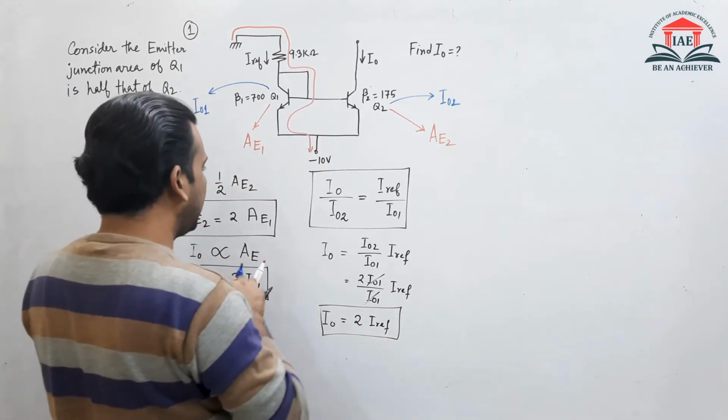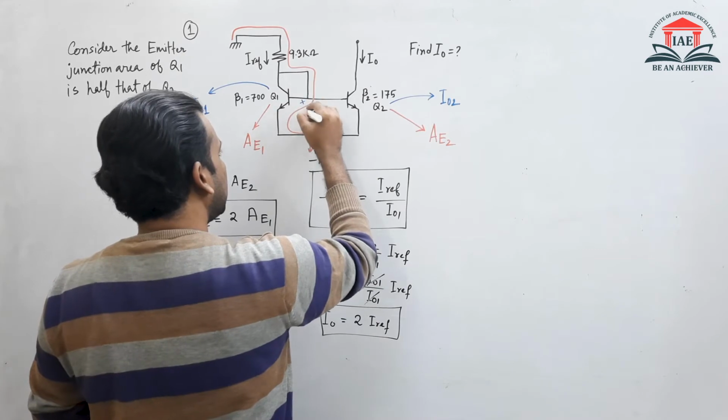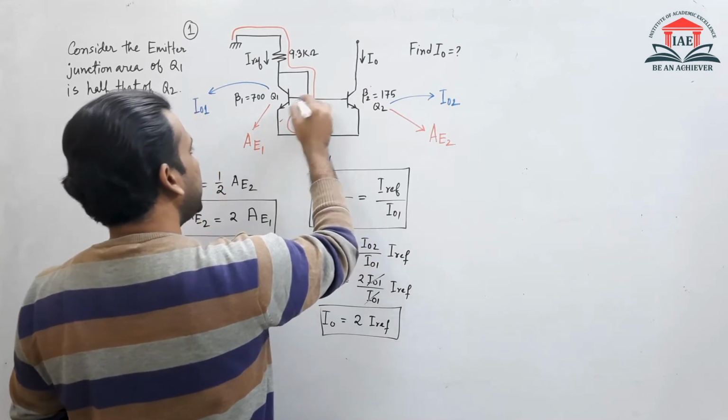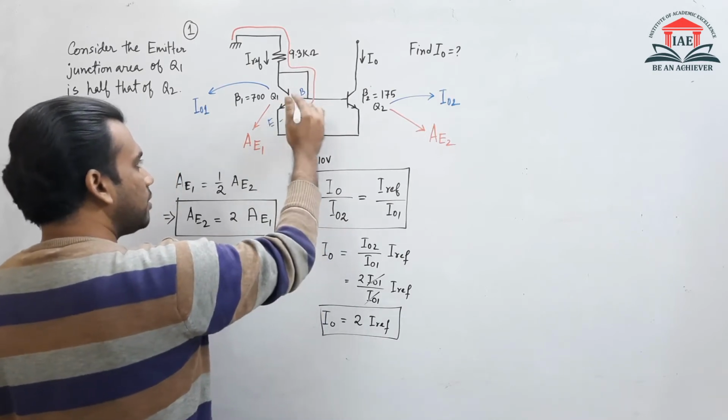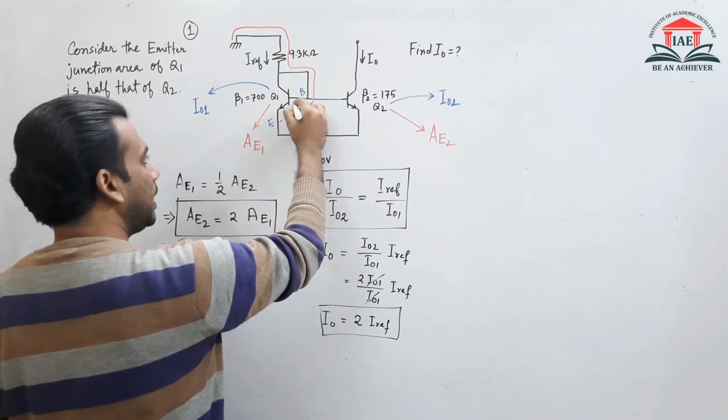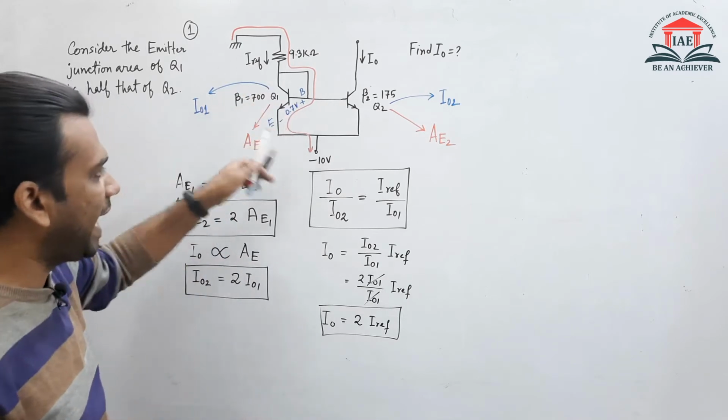For that purpose, you know that the voltage between the base and emitter, this is the base, this is the emitter, the potential between base and emitter is 0.7 volt because it is in the active region.